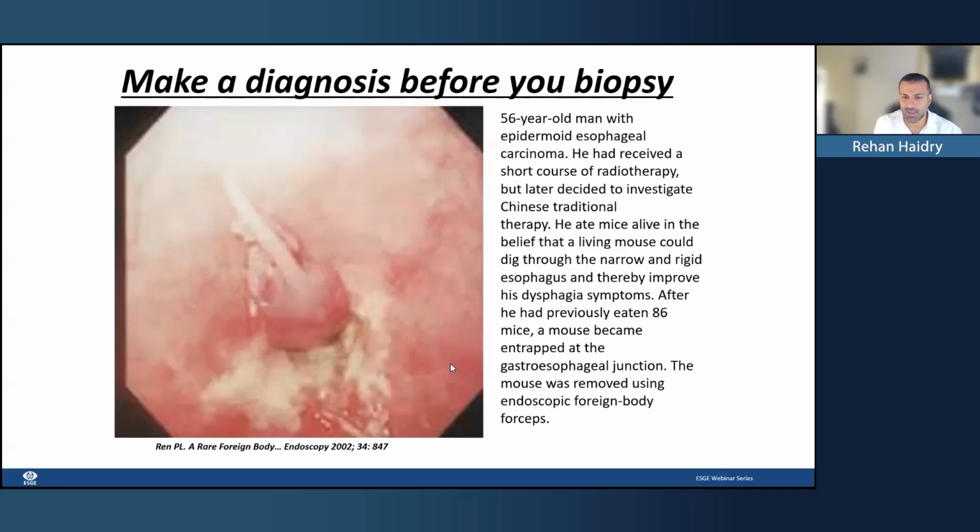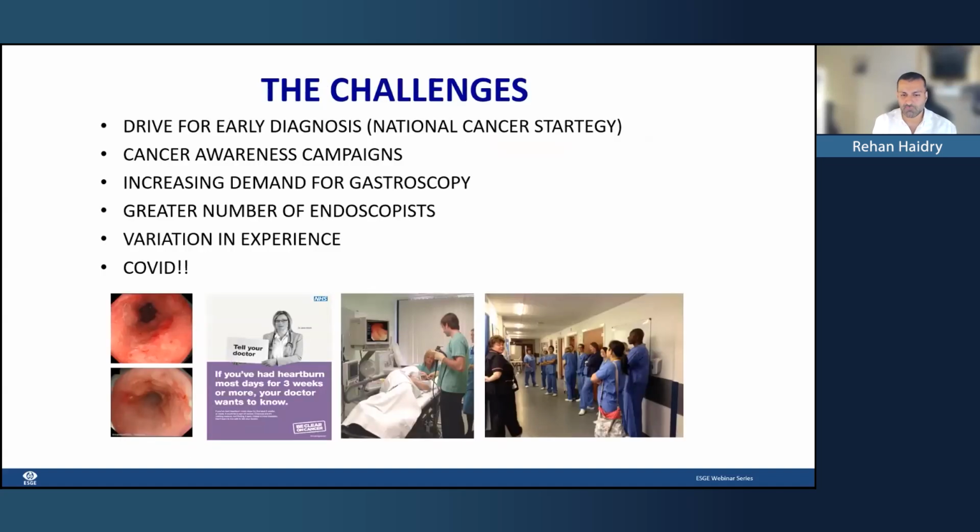However, he had declined the use of conventional chemoradiotherapy or surgery and was eating live mice. And it was the 86th mouse that he had eaten that had become entrapped at the esophagogastric junction. And you'll be pleased to know that the mouse was rescued with a forceps biopsy and lived a happy life thereafter. So describe what you see, very important.